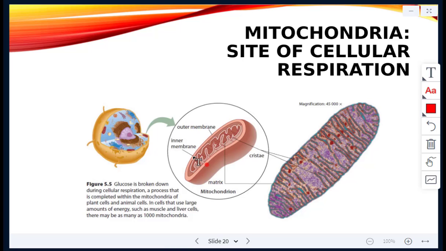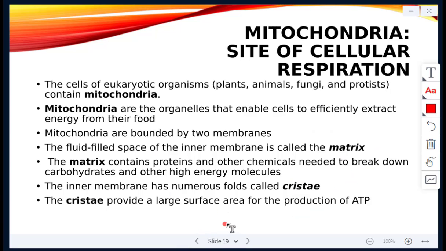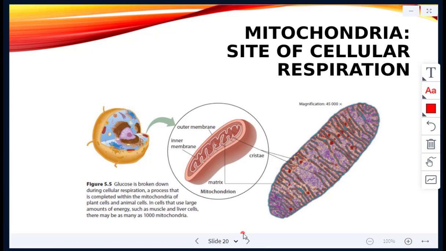So we have an inner membrane and the outer membrane. And the fluid-filled space of the inner membrane is called the matrix. All right, so here we can see the matrix in here as well as right here, this purple area.